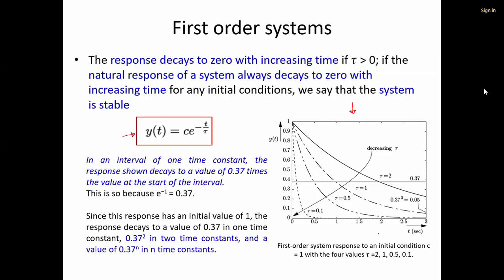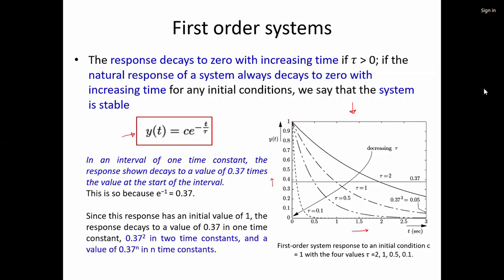And here in this plot, as you see, this is time and this is your output. In a thermocouple, this is time and this is your temperature. Initially you have some temperature change that you induce, so there is a step input that has come.